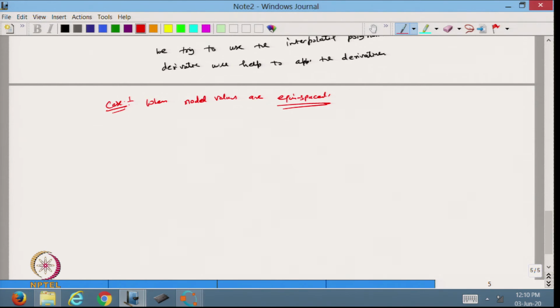In this case I have my x0, x1 up to xn and they are equispaced. I have the values y0, y1 up to yn. Now, somebody asks me to give the value of the derivative at x lying here.